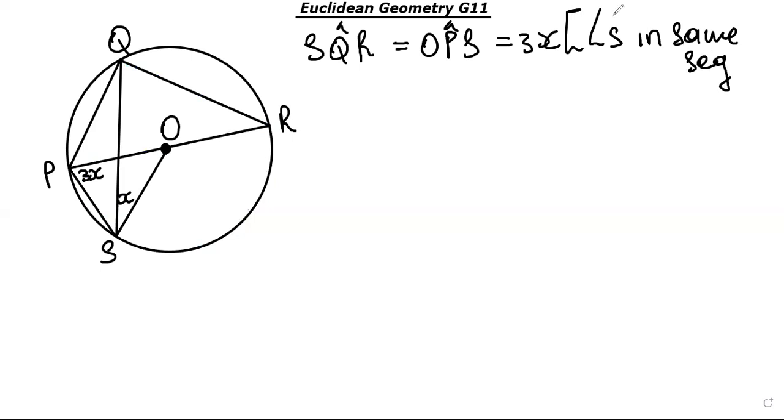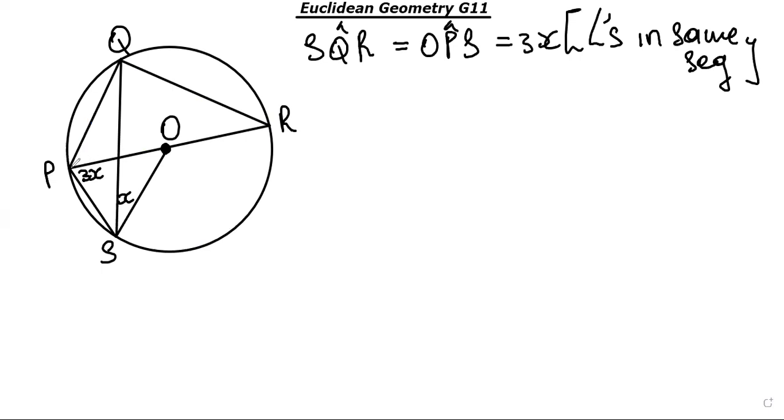Then the next question says, for 3 marks, determine the size of angle PQS, this one. And the mark allocation never lies. It tells you that you have to do something first before going to angle PQS.